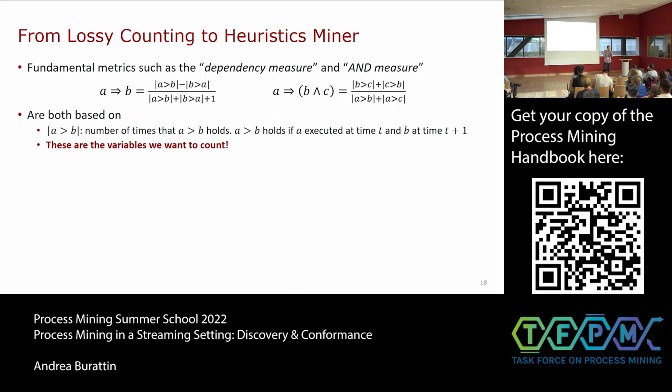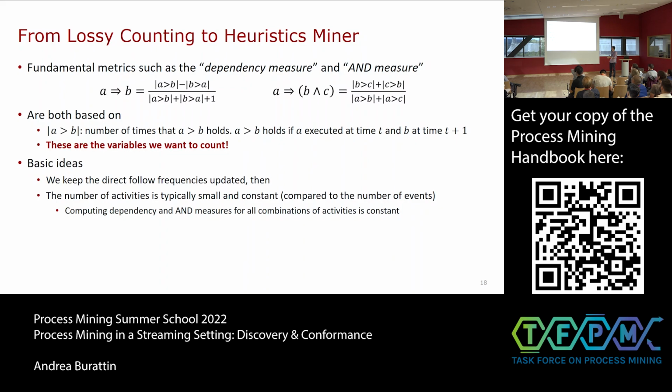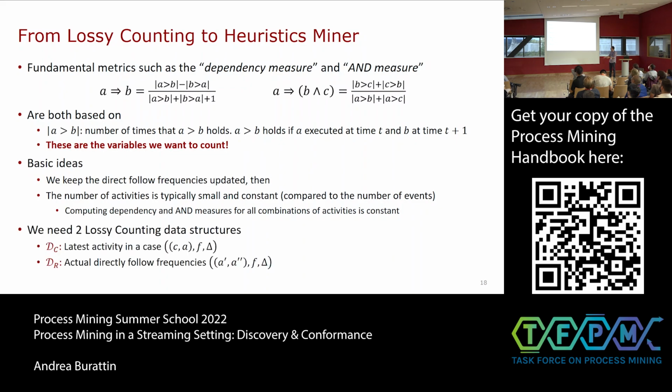Once we make this conceptual switch, we can rephrase the whole problem as a frequency counting problem. To do that, we need two of these lossy counting data structures, one to keep the latest activity in the case, and another to keep the actual counting of these frequencies.